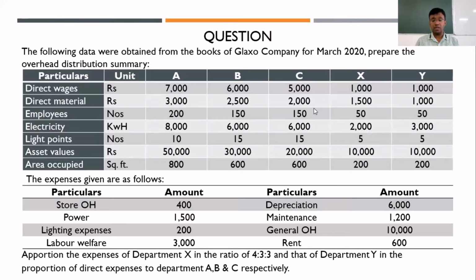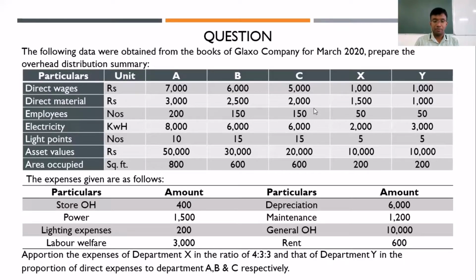So here we have department X, which is in the ratio of 4:3:3, and then Y, and so they have given us the ratio. Whatever overheads have been charged against department X need to be reapportioned to production departments A, B, and C in the proportion of 4:3:3.